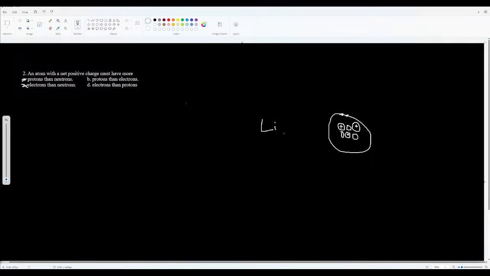So let's count them. We have 3 protons, and then we're adding 2 electrons, which have a negative charge. So we have a positive charge, and we indicate this atom to have a positive charge. We would say this is lithium normally. We would now say this is lithium with a positive charge, looking like this.